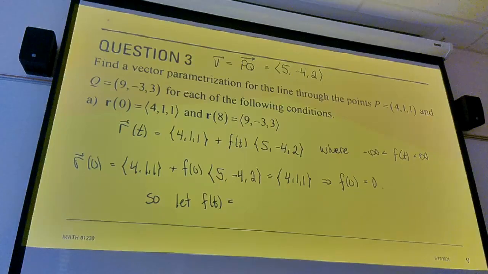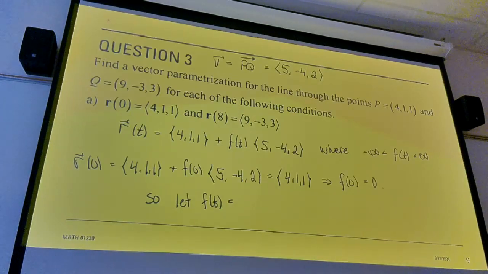T equals T. More general. F of T equals 0. No, I mean, that's definitely true, but that's not going to be helpful. More general than just T. 1?